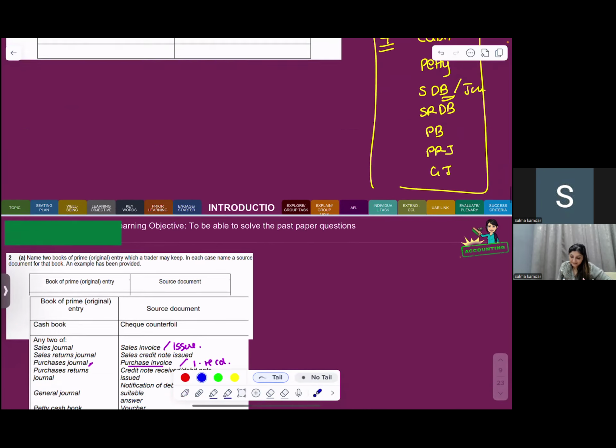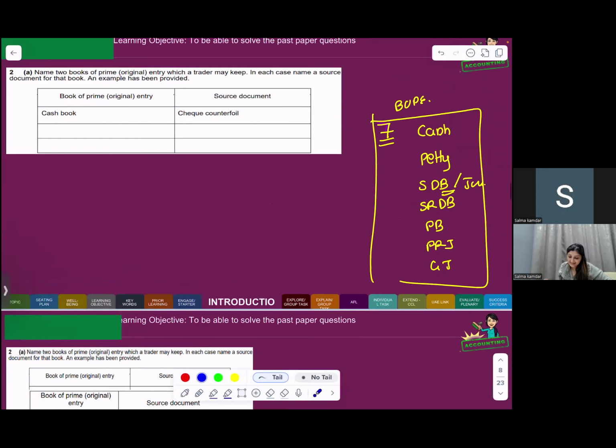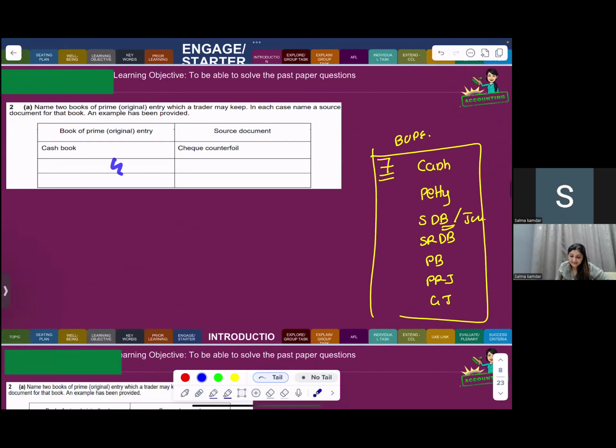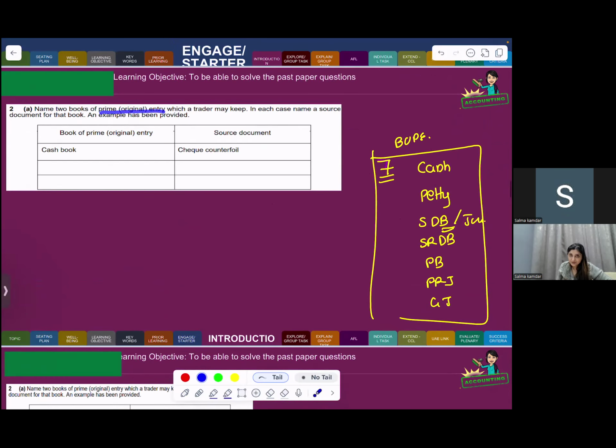So while looking at the question, you should know what are they asking. Name any 2 books of prime entry that a trader may keep and name the source document for that book. So they want books of prime entry and which document would you use to record in this book.